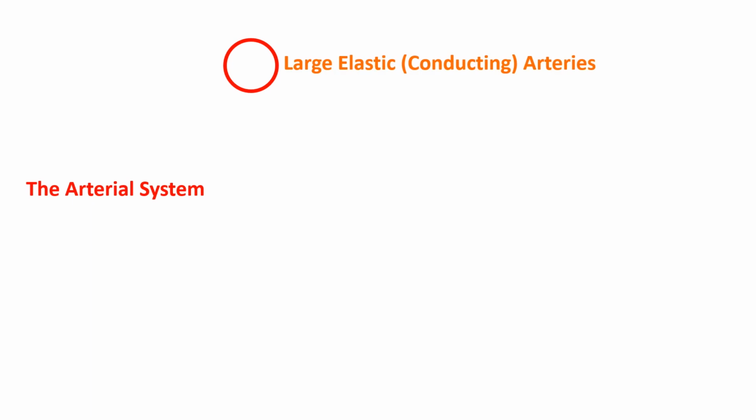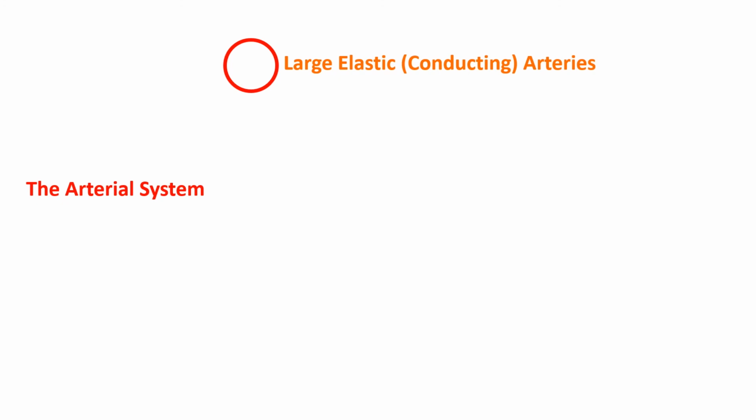Now, concerning the arterial system, here are some facts that we need to know beforehand. The first thing is that there are large arteries, and they are elastic arteries. What are they called? They are called conducting arteries.